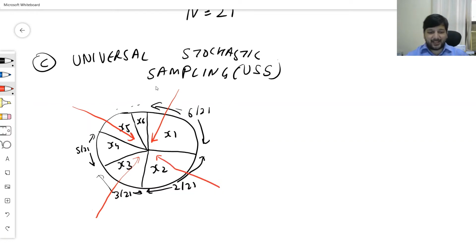And of course, I rotate either the selectors or the board. In an actual roulette wheel, you rotate the board, but you can also rotate the selectors. So that's a rotation. And the individuals which it's pointing to, in this case, it will select x1, x2, x3, and x5. So those 4 individuals get selected.